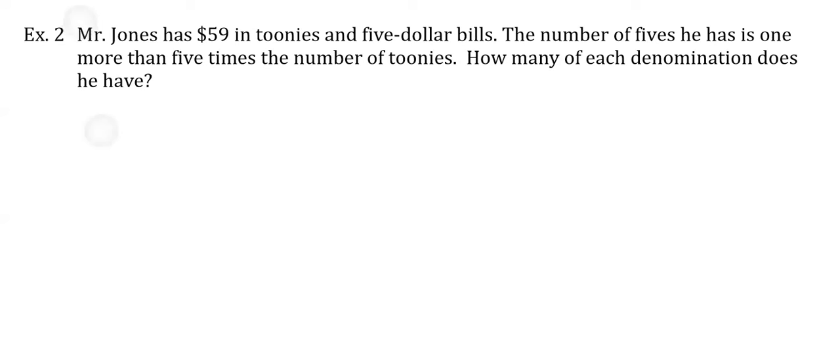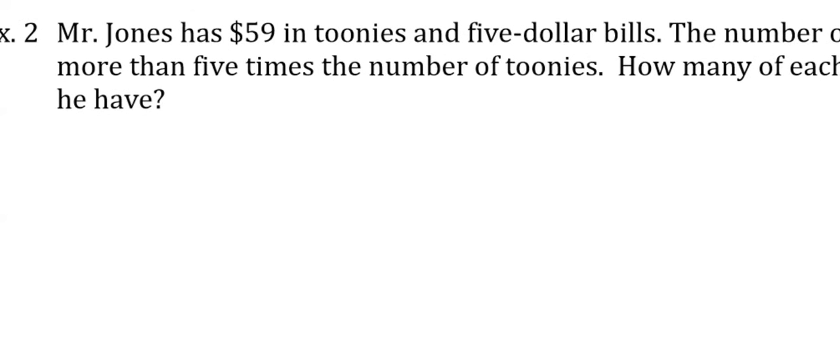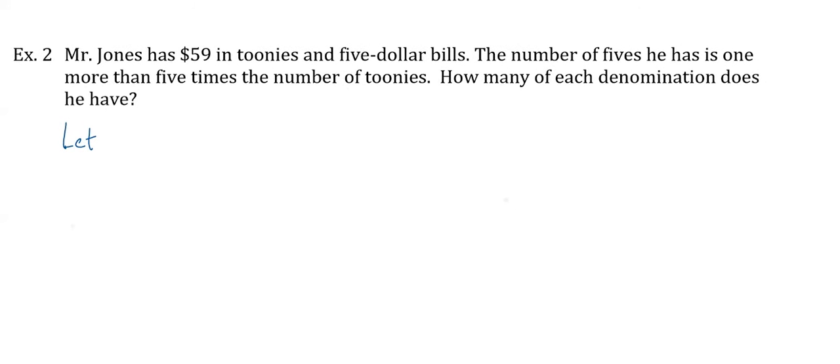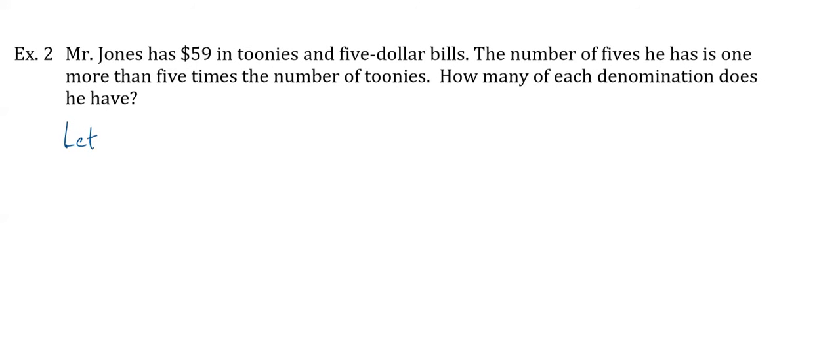All right, what do we start with? Let statements. What do we want to let? So the number of 5s. Don't write this down, just watch. Let's try to do this together.